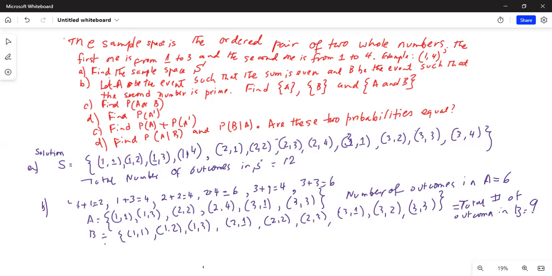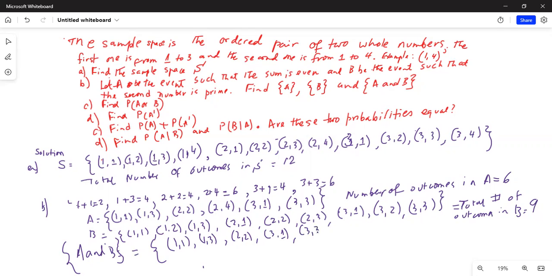Okay. Now we have to do A and B. That is what is common between A and B. So what is common between A and B? (1, 1), then (1, 3), then (2, 2), both in A and B. Then let's see, (3, 1), both in A and B. And then (3, 3).